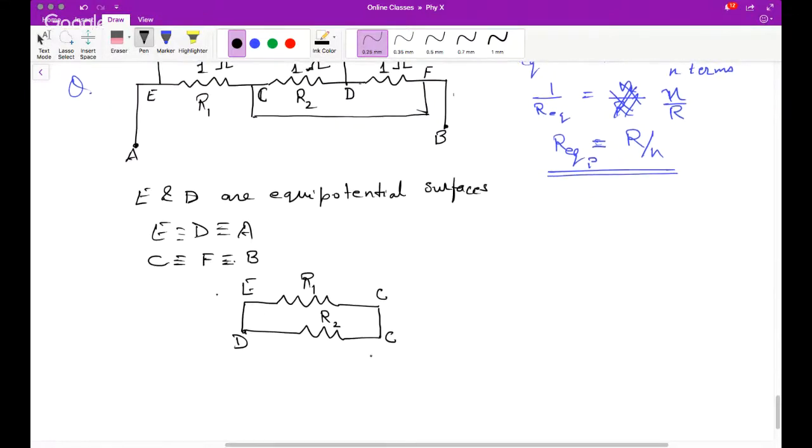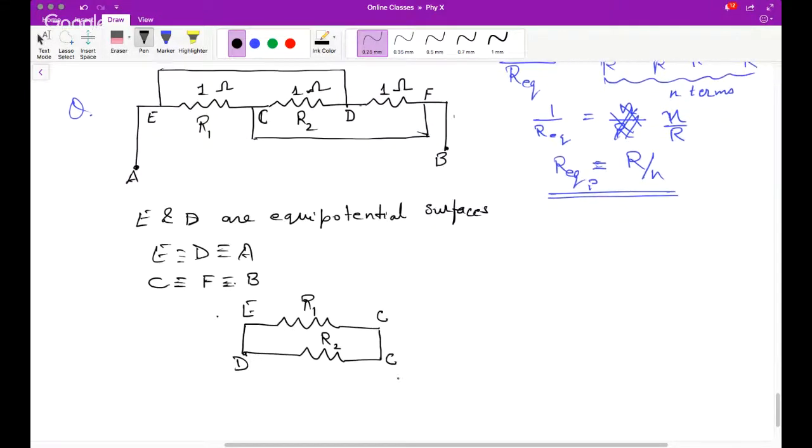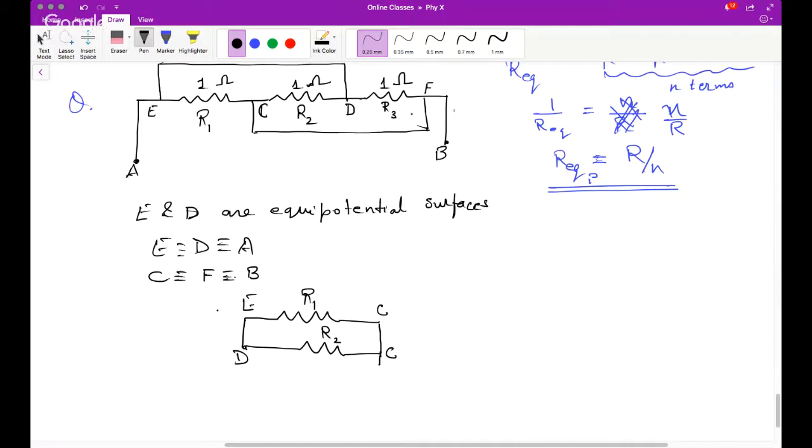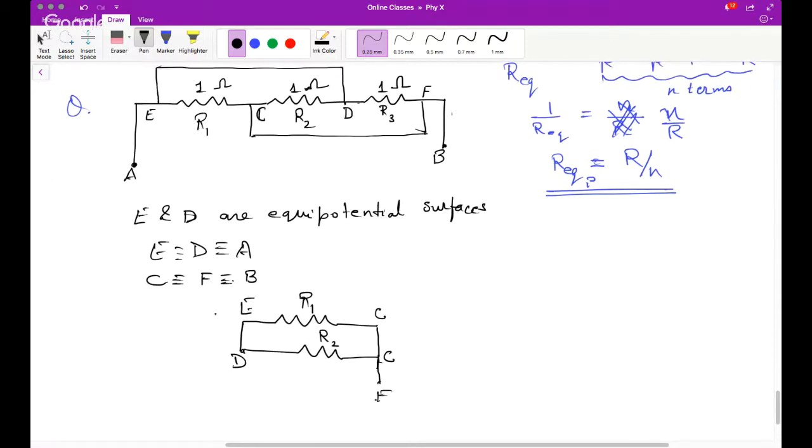And F and C. Now C is same here. Let's say this is R3. So this is C and F. F is equivalent to this, so this is F here. And there is a resistance between D and F, R3. Did I correctly do it?